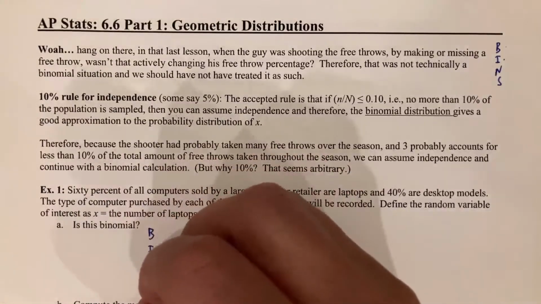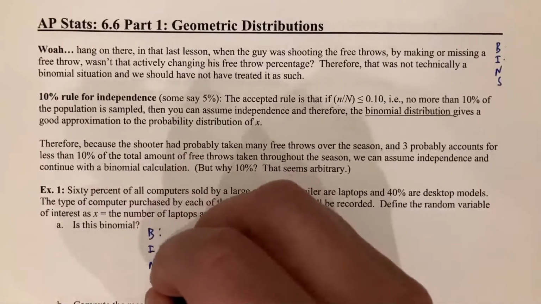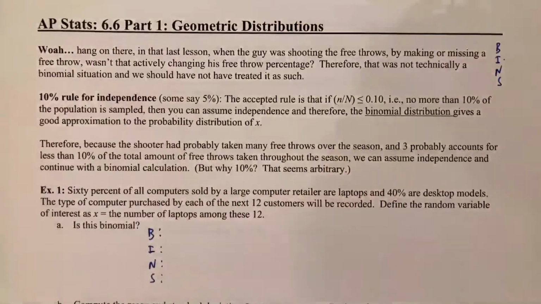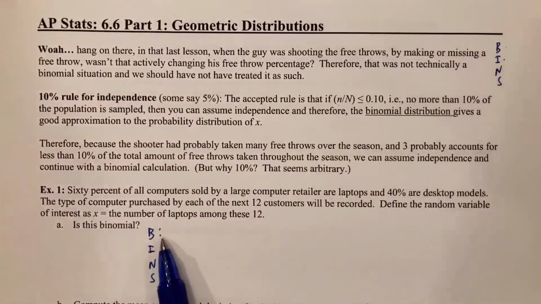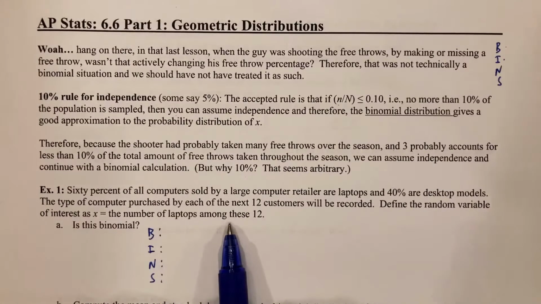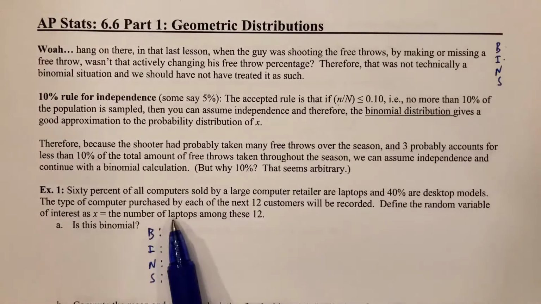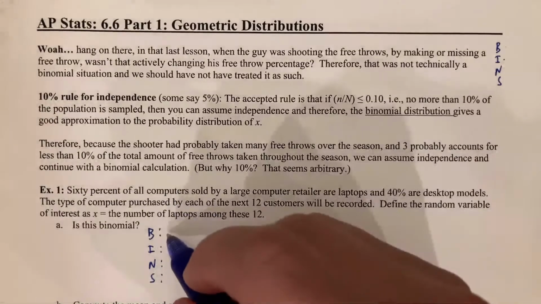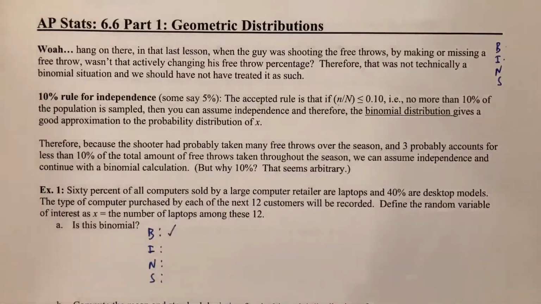You have to work through your BINS anytime you're asked, is it binomial? So is it binary? Laptops: you're either buying a laptop or you're not buying a laptop. So check.